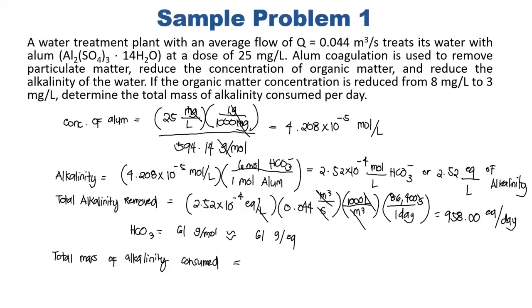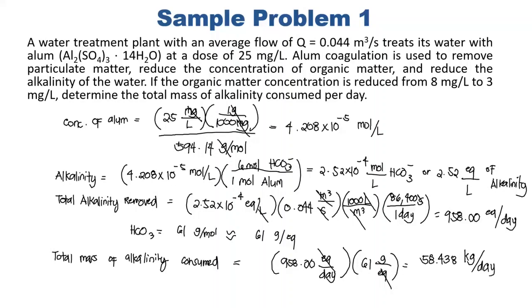So this is equal to 958 equivalents per day times the molecular weight of hydrogen carbonate, which is 61 grams per equivalent. And now cancel equivalents. And we have 58.438 kilograms per day. So this is the total mass of alkalinity consumed per day.